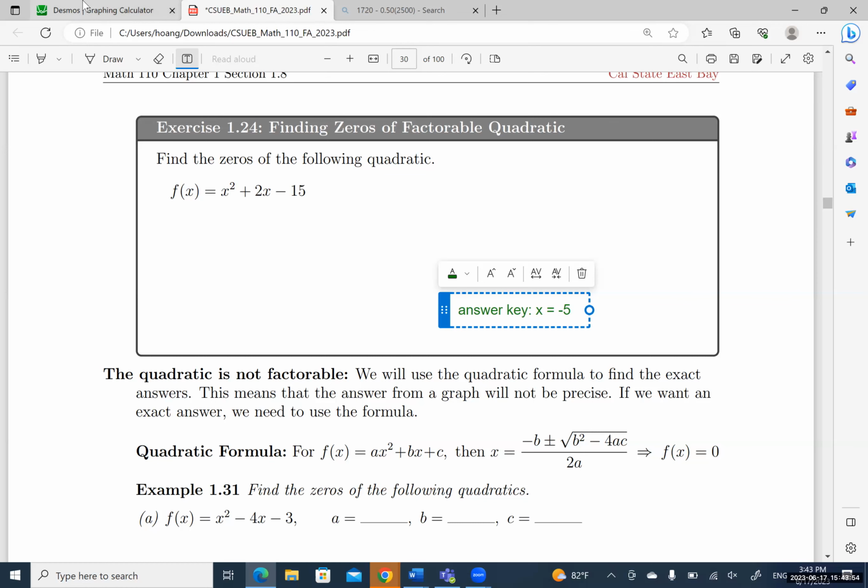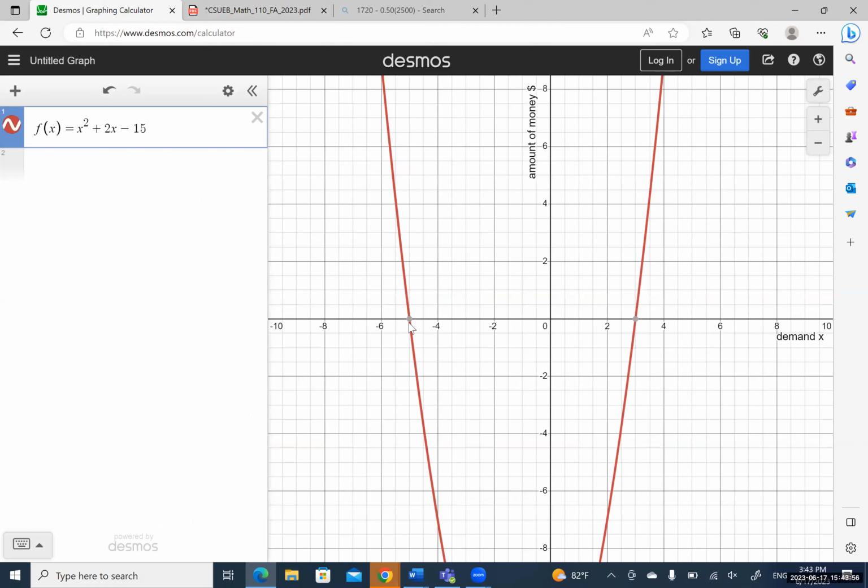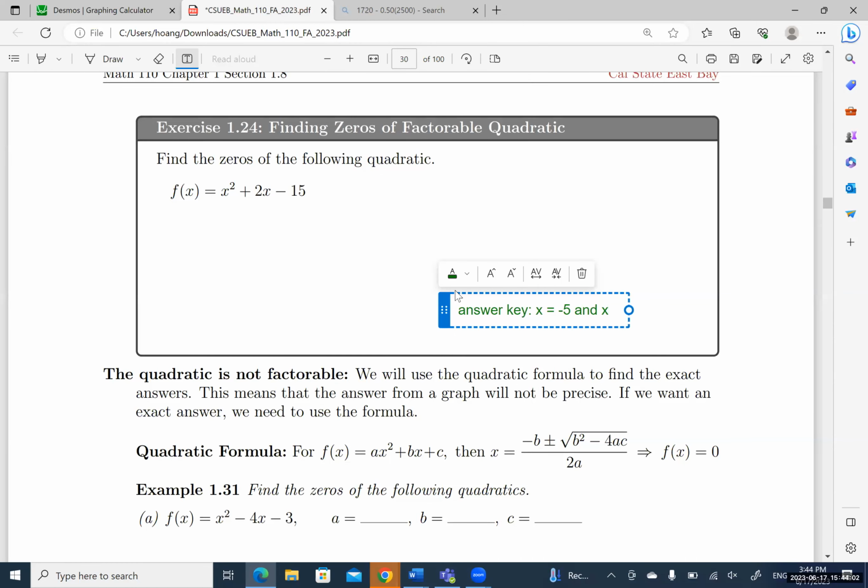Yeah, negative 5. Let me see. So negative 5 and 3. Okay, so try that, and we're going to move to the next one.